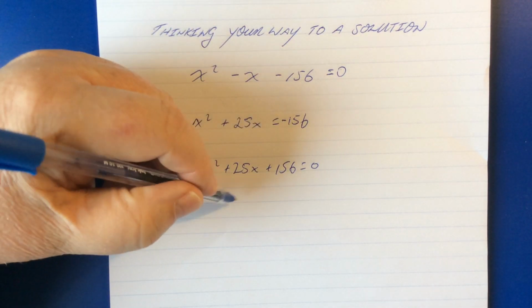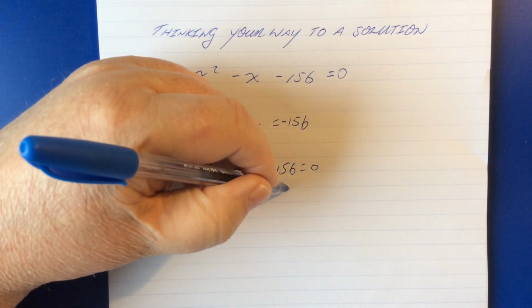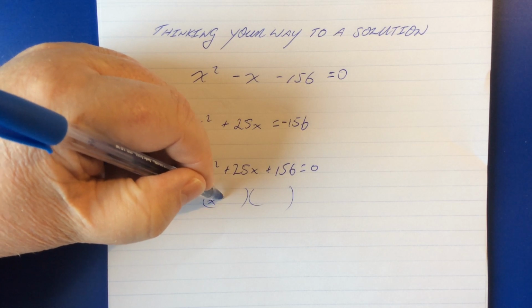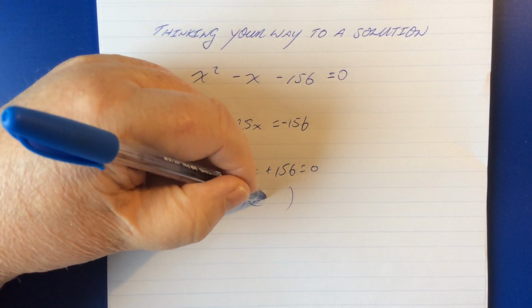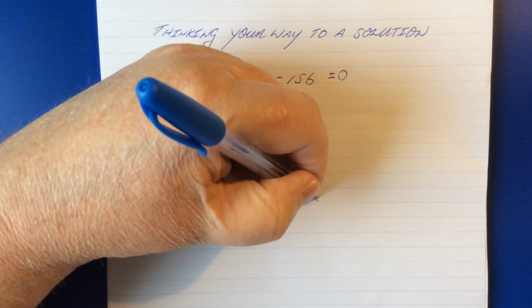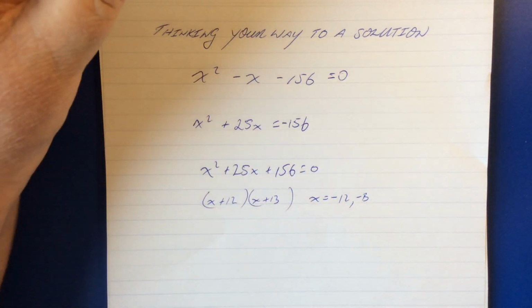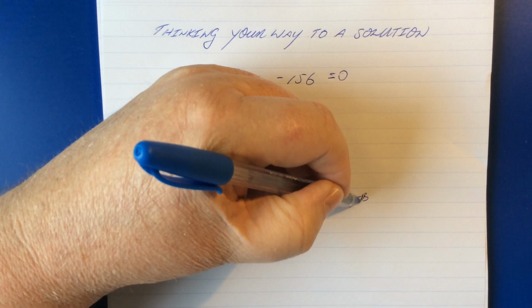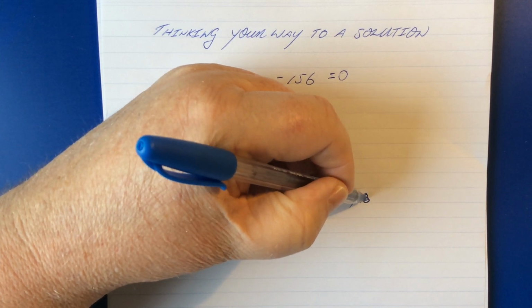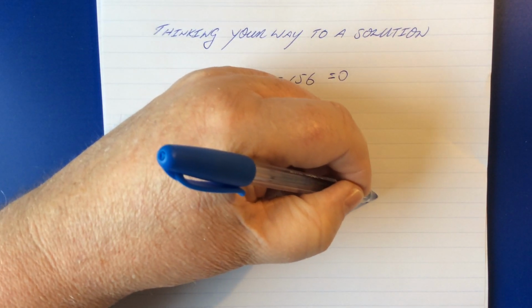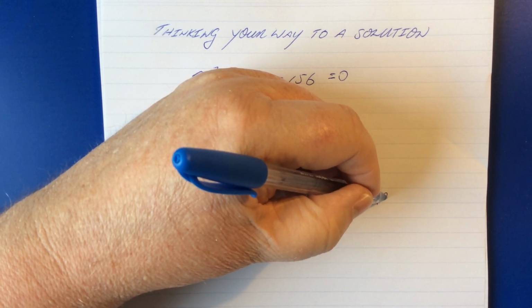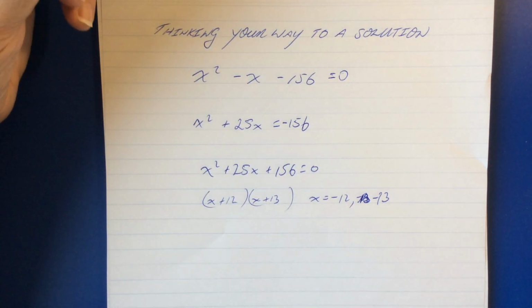Well, 13. And so, indeed, the factors of this are x plus 12 and x plus 13, and the solutions are x equals -12, -13. Okay, so I'll just write that a little more clearly. That is a 13, -13.